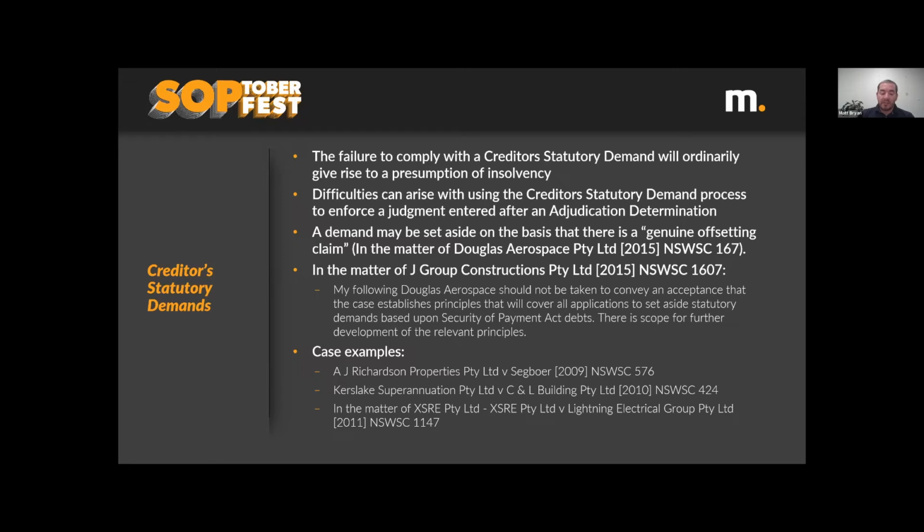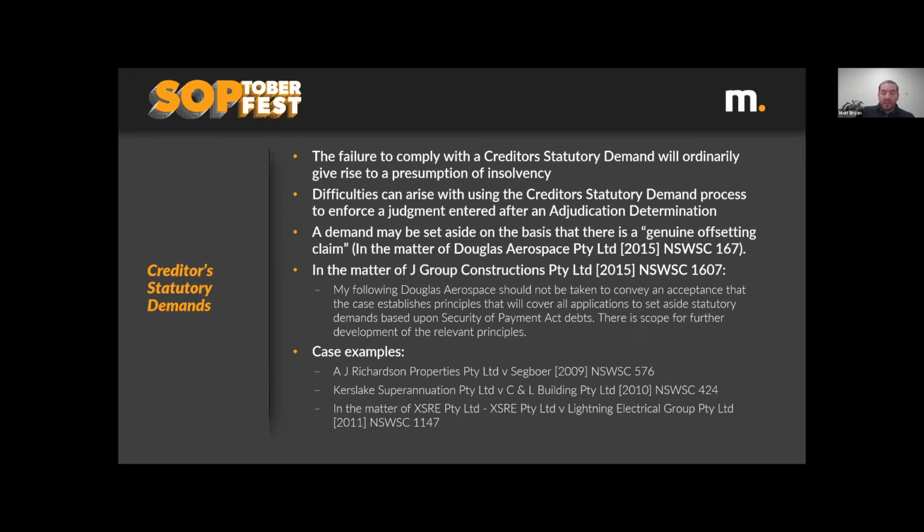Kershaw argued that it had a genuine offsetting claim because there were defective works that C&L were liable to it for. Kershaw put on an affidavit suggesting that the cost of rectifying those defective works was about $245,000, so almost the same amount as the judgment that the statutory demand was seeking to enforce.